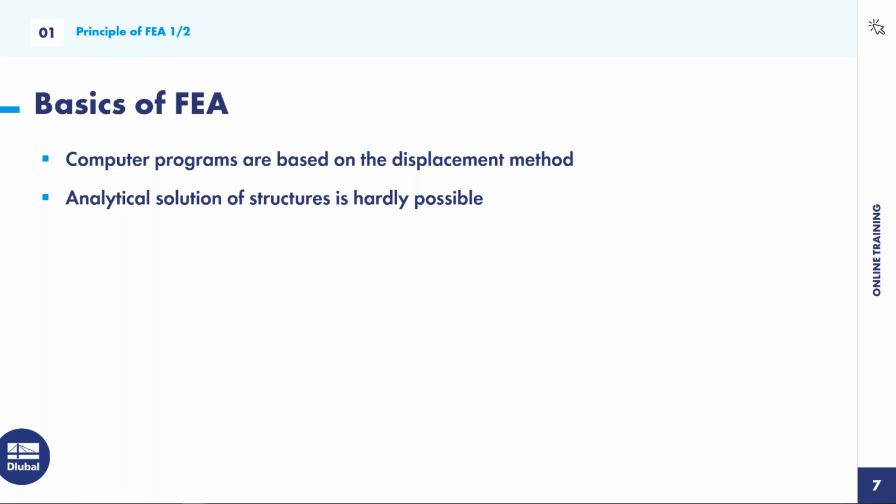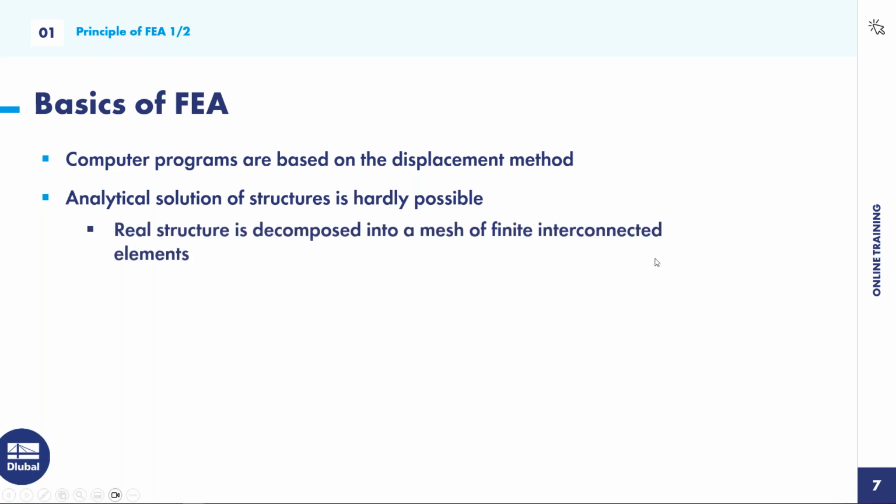This is why the FEA method has been developed to decompose the real structure into a mesh of finite interconnected elements, which means you get a lot of small elements with standardized stiffness parameters.